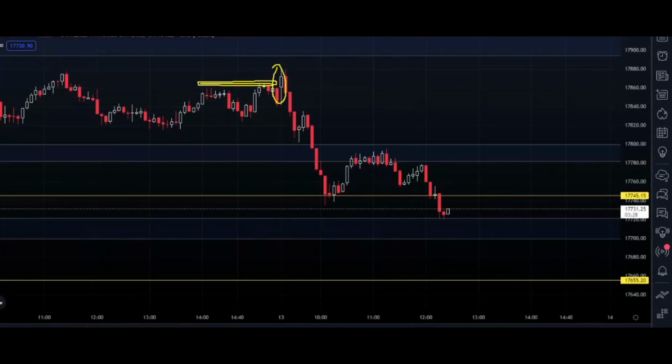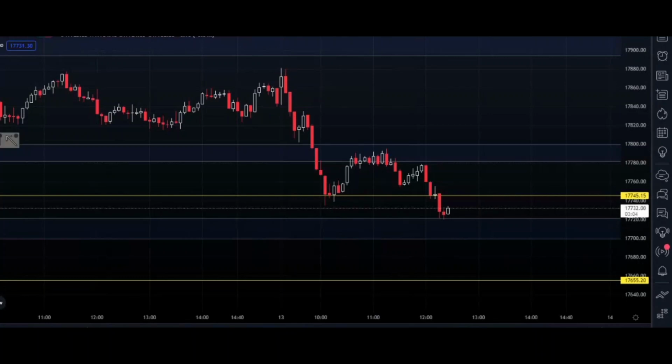Any buyer who is looking to buy will probably buy when he sees that the price is moving upwards. Some very careful, cautious buyers will wait for the highs to break, so they are safe. Buyers who entered just after this candle all got trapped, and their SLs would have been somewhere here, which got hit. So this was about the morning buyers.